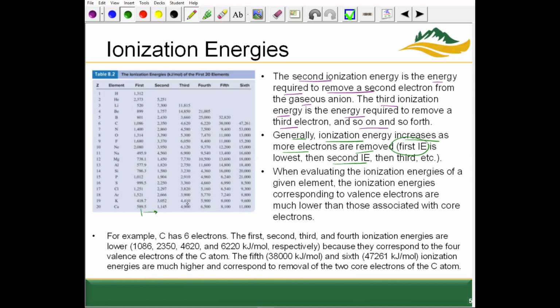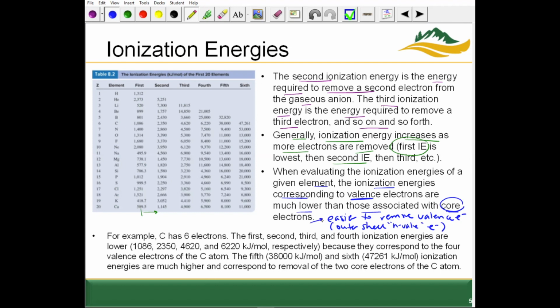And when evaluating the ionization energies of a given element, the ionization energies corresponding to those valence electrons are much lower than those associated with core or inner shell electrons.